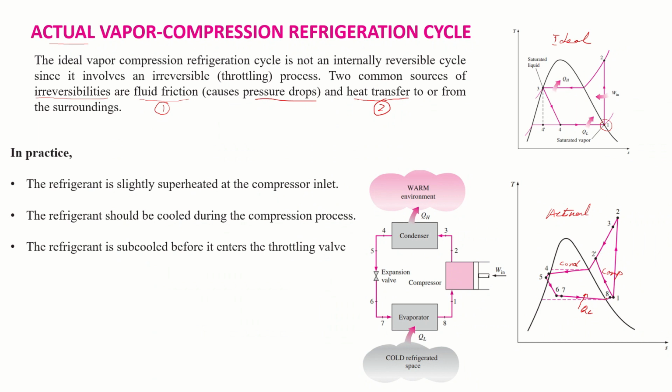We have no information inside the evaporator that all the liquid refrigerant has been converted into vapor form. So we slightly superheat the vapor. So it travels from this point further into the superheated region. This is the superheated region.